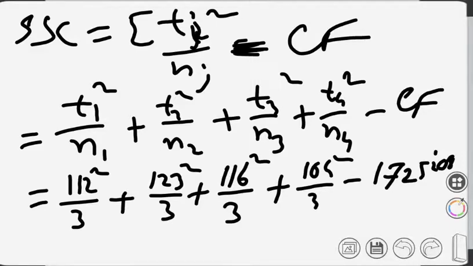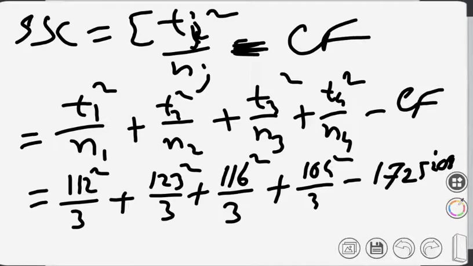112 square by 3 plus 123 square by 3 plus 116 square by 3 plus last 104 square by 3 minus 17252.08.